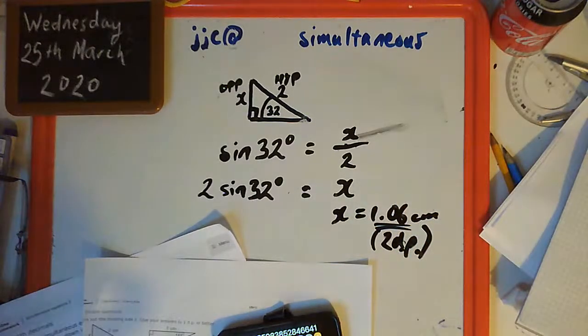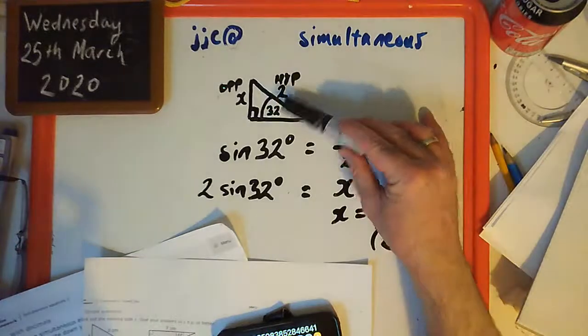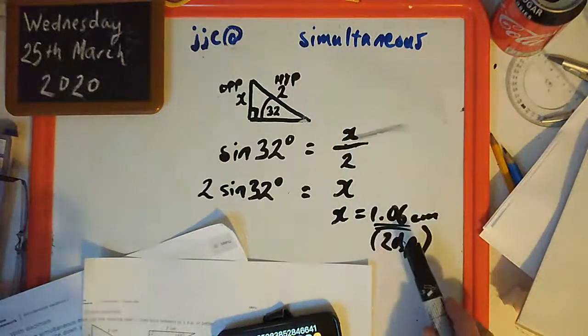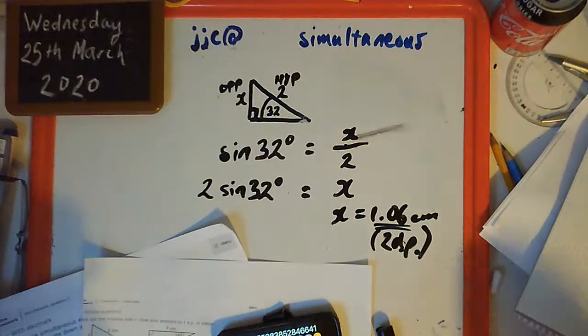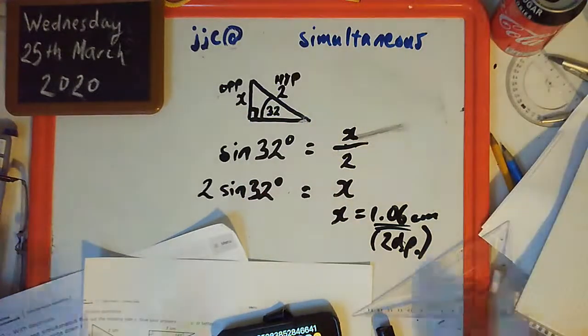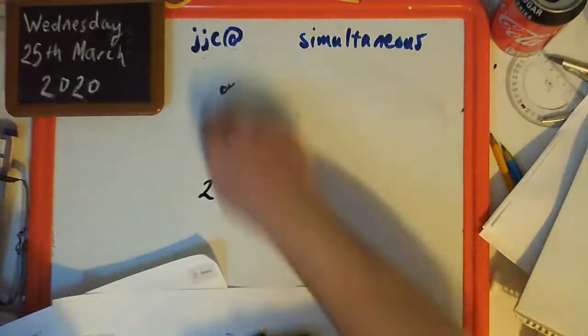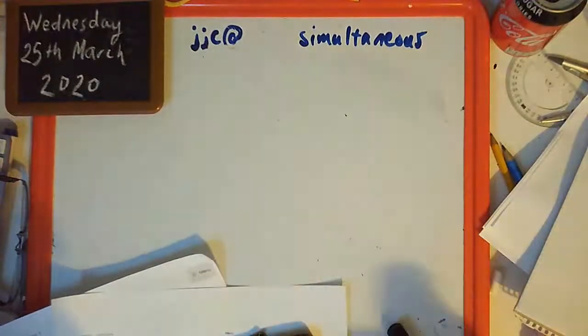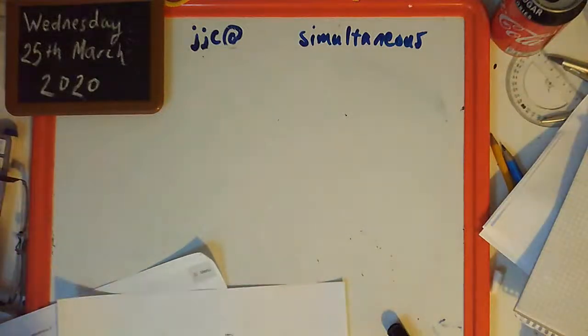And then looking at it in the context of the problem, with that being 32 and that being 2 centimeters, it doesn't seem too unreasonable that the side x should be 1.06. So always just give it a second glance and make sure that the answer you get is making sense in the real world.